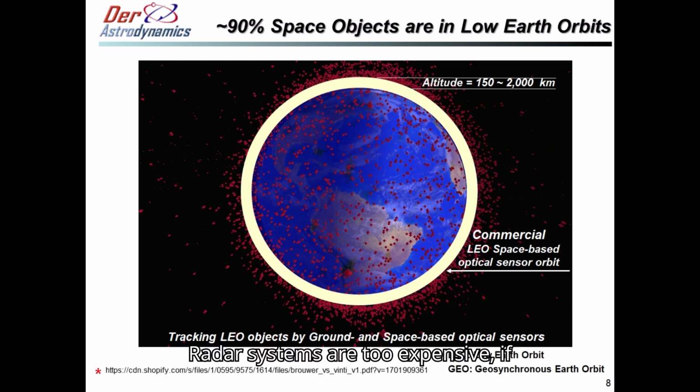Radar systems are too expensive if costs of building, operation, and maintenance are included. The use of space-based optical sensors for cataloging has yet been implemented quickly due to hardware, software, and economic difficulties. About 90% of the space objects around the Earth are in the LEO regime.